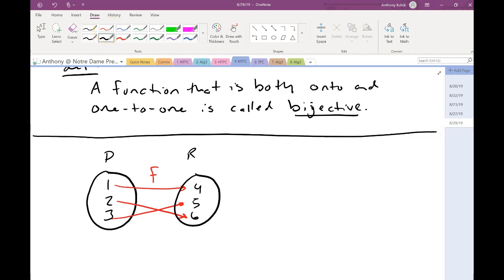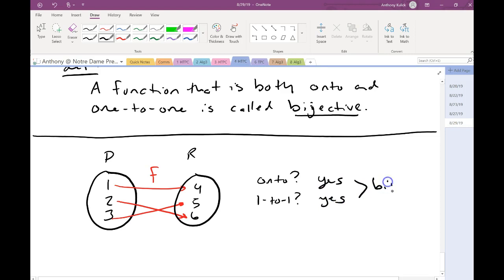So we saw this function just a moment ago, right? Is this onto? Is everything in the range used? Yes. So this is onto. Is it one-to-one? Yes, none of the y coordinates are used more than once. So we would say that this is then bijective.